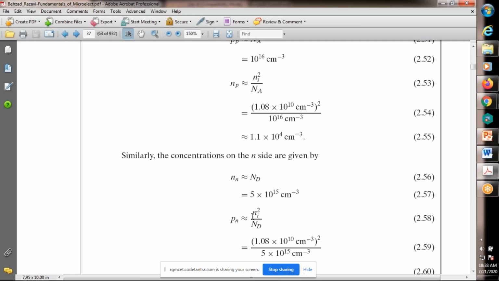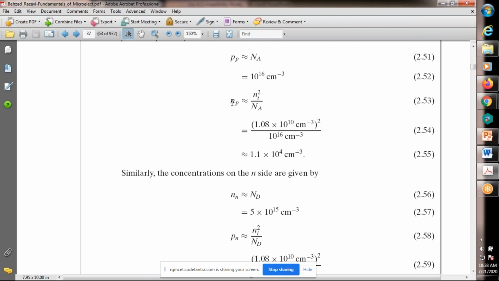Minority carriers are directly proportional to Ni square by Nd in N-type material, whereas in P-type material, minority carriers depend upon Ni square by Na. So anyhow, it is directly proportional to Ni square, and Ni value is again dependent on temperature.